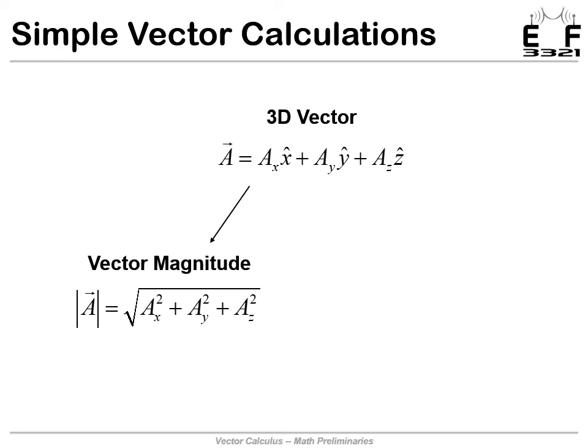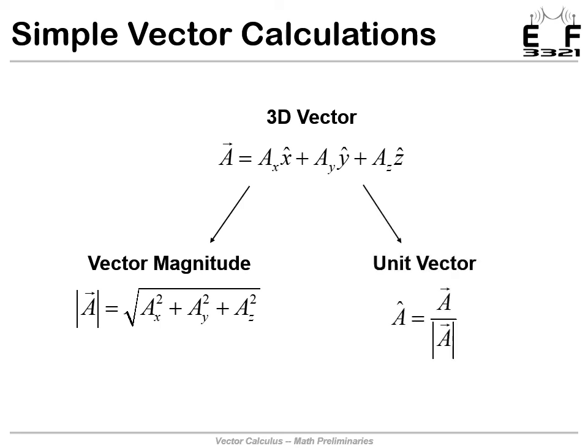The magnitude of your vector A is the square root of the sum of the components of that vector squared. So the x component squared plus the y component squared plus the z component squared, the square root of all that is our vector magnitude. When we calculate the vector magnitude, we've dropped the direction associated with it, so we will no longer have that information.